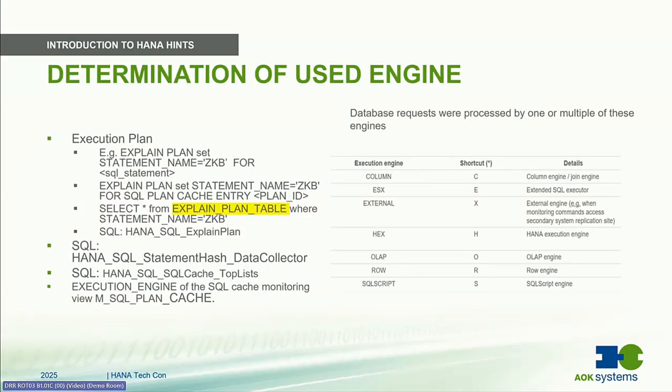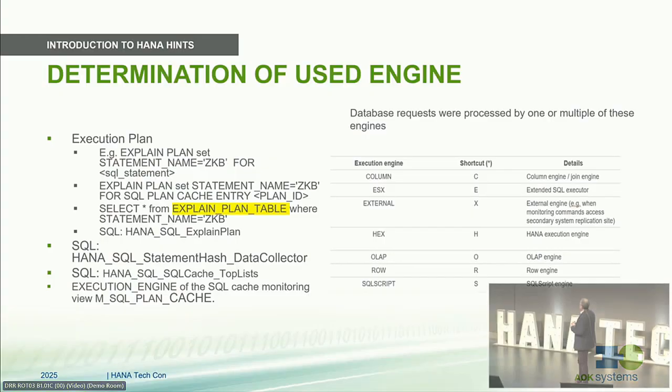How can you see which agent or which agents are used? Because HANA Optimizer can choose one or more agents for the executions. As you have seen in previous sessions, the first option is explain plan. You can look at in explain plan, you see which agents are used or were used.